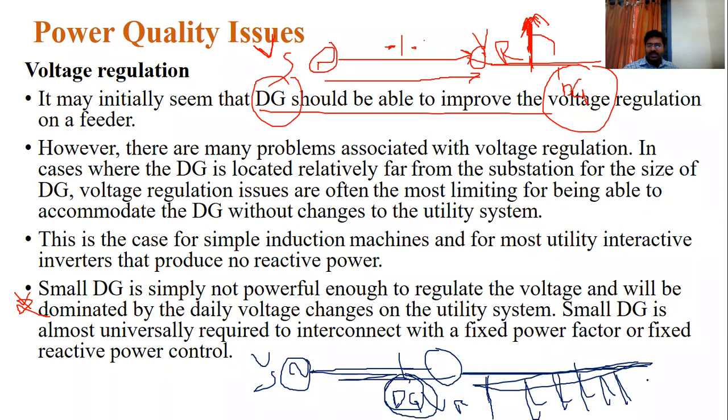The second one is voltage improvement. These are the customers. When the customer is on the system, you can't estimate the load. If the size of the DG is very small compared to the load, there is no use of installing it, especially from a voltage regulation point of view.